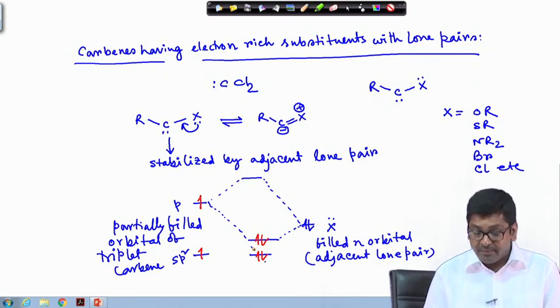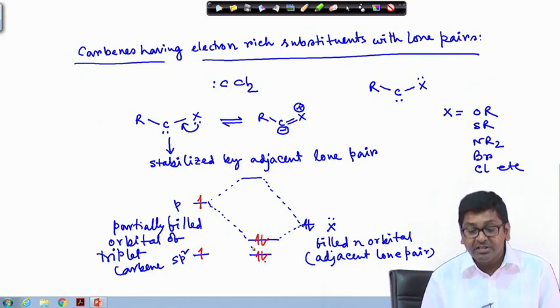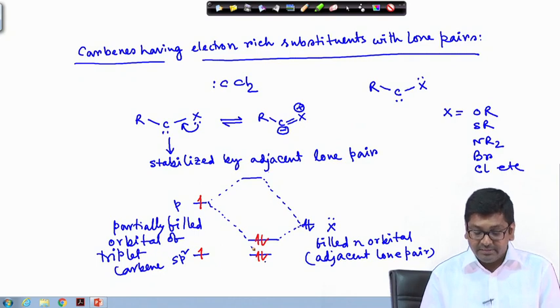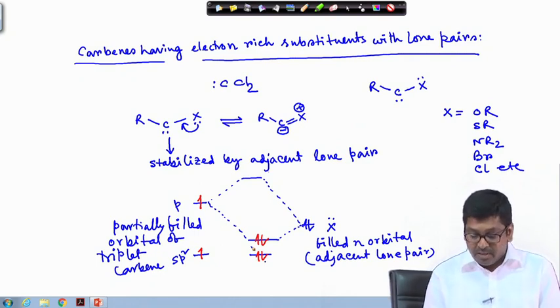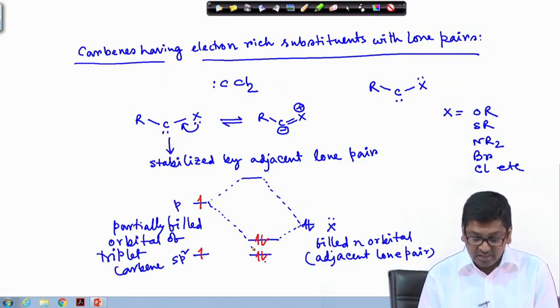But the carbenes which are having electron rich substituents with lone pairs, they are staying as a singlet because of the filled n orbital of this adjacent lone pair that can stabilize this type of carbenes, and overall these type of carbenes are becoming like a singlet.